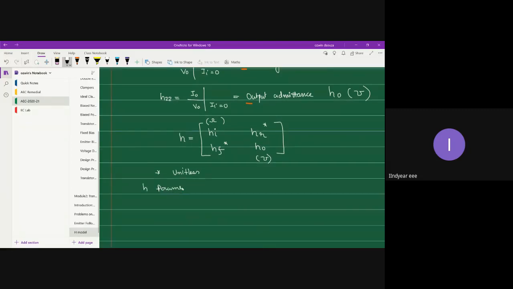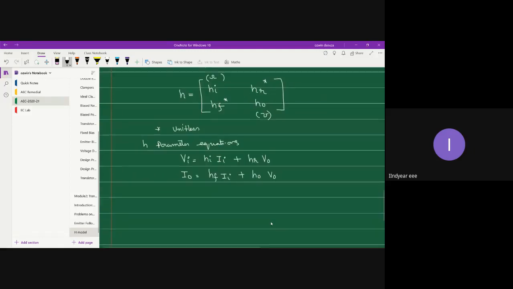Therefore, the H parameter equations can be written as Vi is equal to H11, that is HI into Ii plus HR into V0. Similarly, I0 is equal to H21, that is HF into Ii plus HO into V0. So you have two equations. Let's name these equations, 3 and 4 are done, so equation 5 and equation 6.